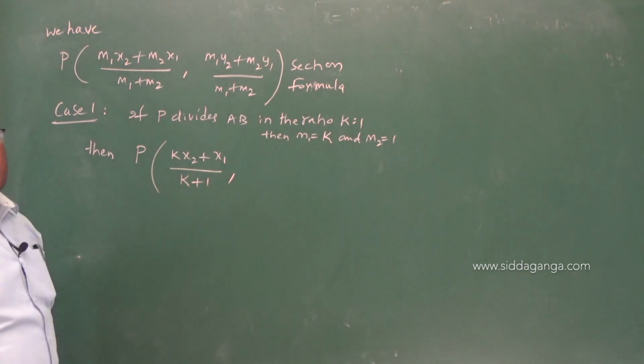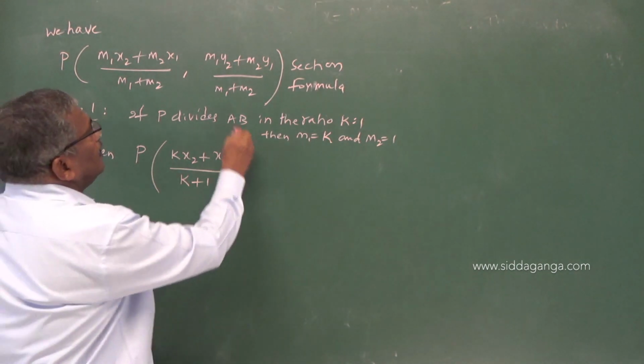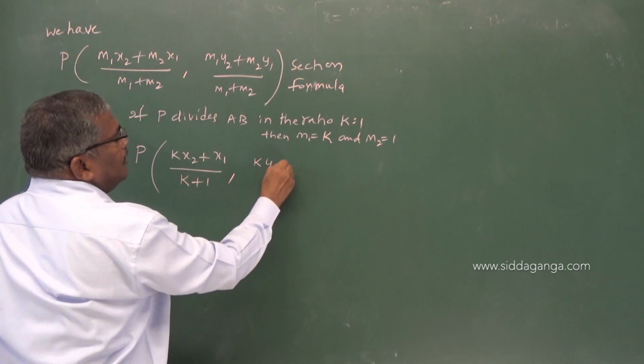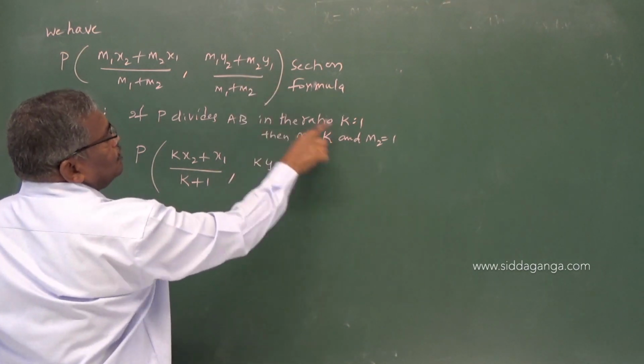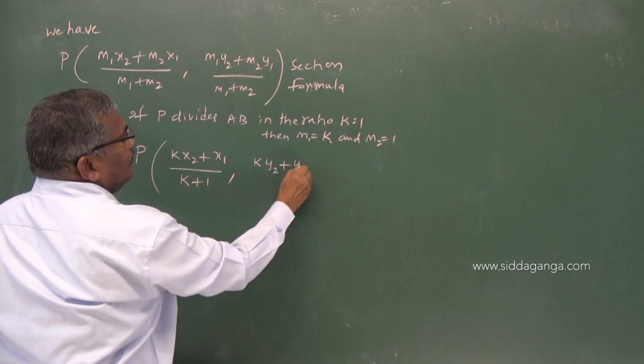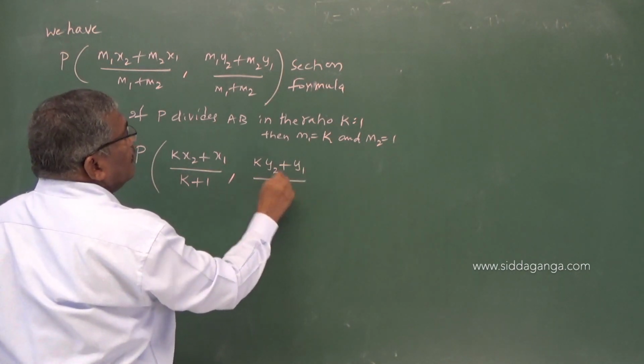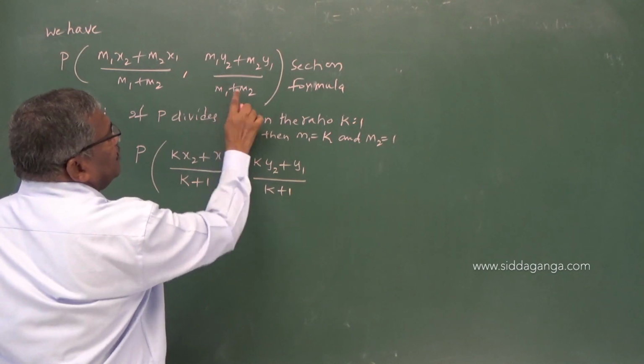Now the y coordinate: M1 is k, so k y2 plus M2 which is 1, y1, divided by k plus 1.